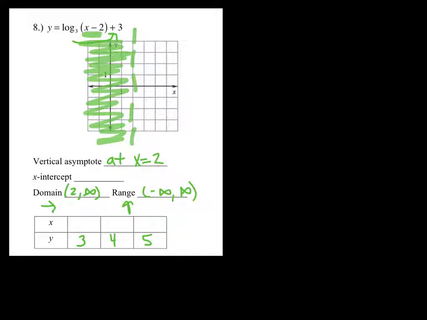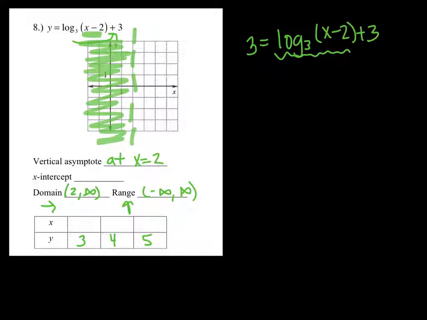So let's just go ahead and start by plugging in our first value, which is 3. So 3 equals log base 3 of x minus 2 plus 3. This one is going to be a little different because the log is not the only part over there on the right-hand side. If this log base 3 of x minus 2 were the only thing over there, you could undo the log right away, but it's not.